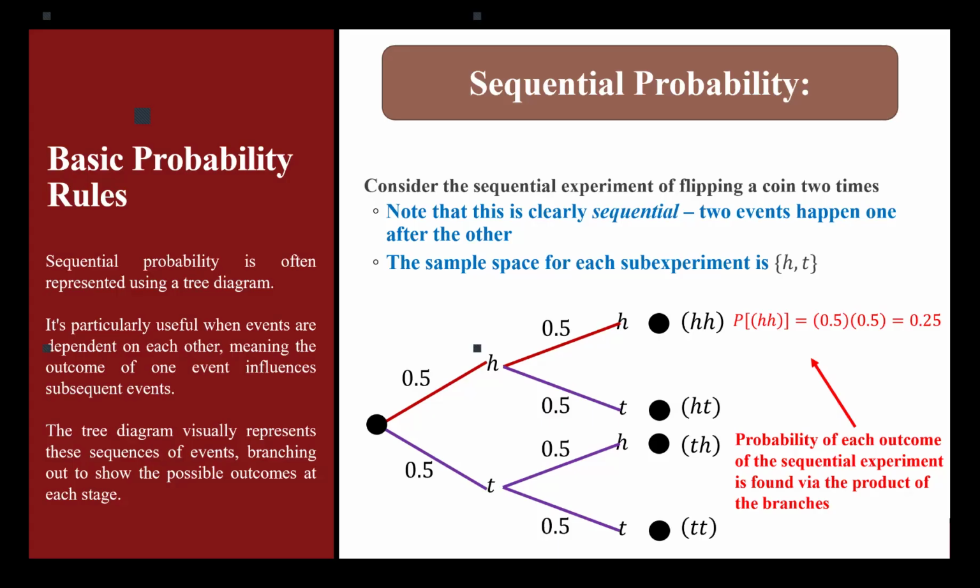Very easy, isn't it? Those events happen after one another, and they do not put any condition on each other. So what happened in the first experiment would not affect the outcome of the second experiment.